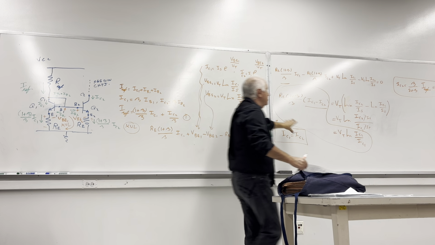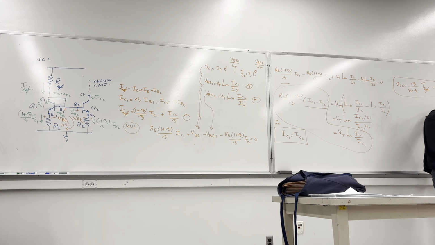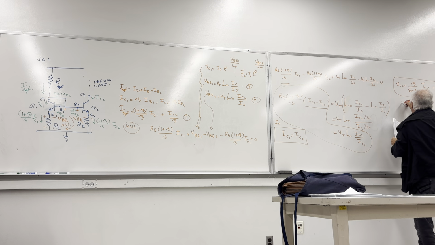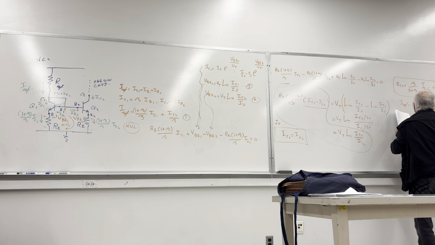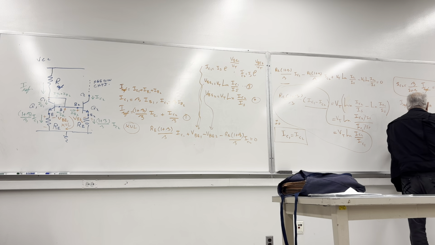So you substitute: 15 minus 0.7. VA is 80 volts, VBE is 0.7 volt, VT is 25 millivolts, and beta is 100. So you substitute in equation 9, and you find that IREF is equal to 0.986 milliamp.